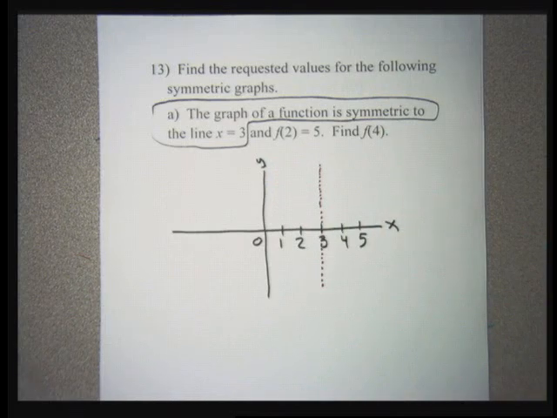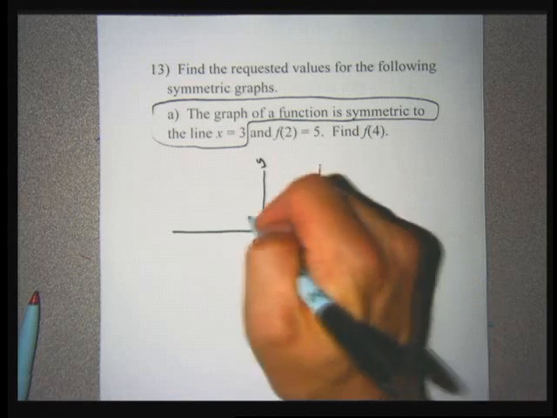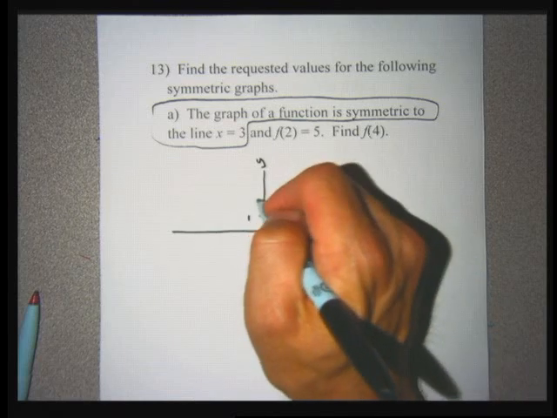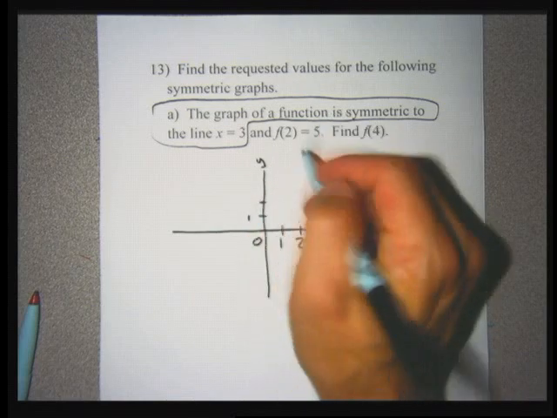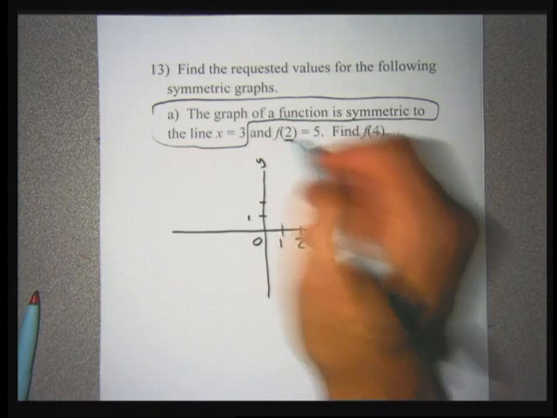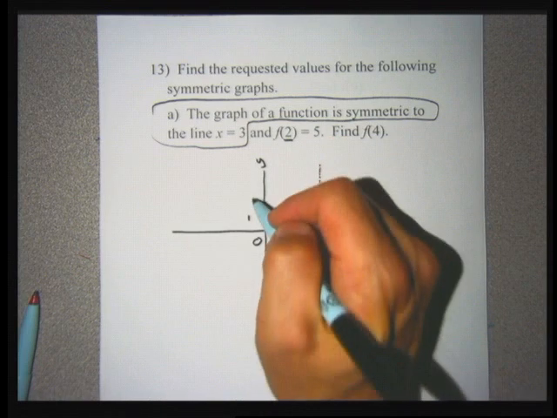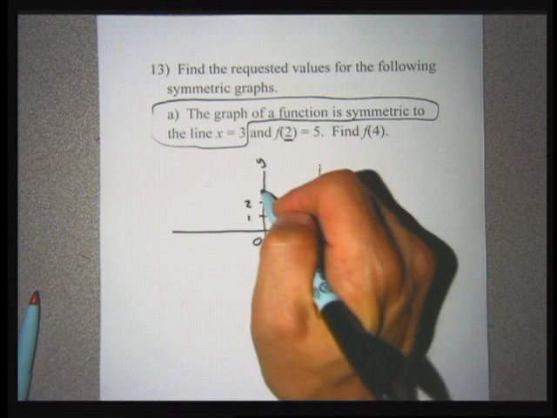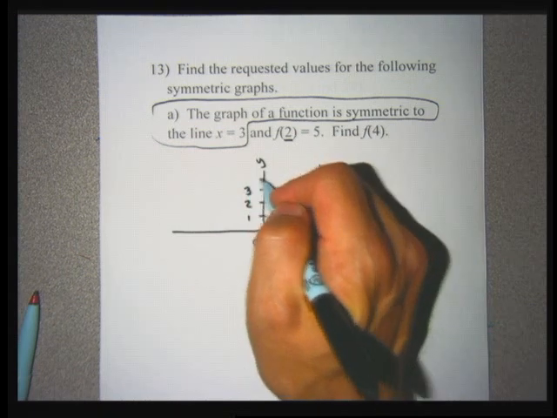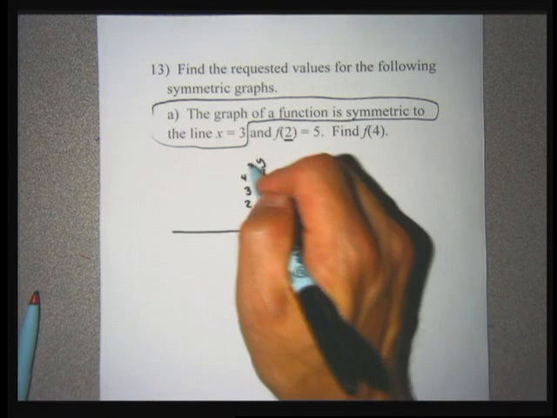So there's my line of symmetry, and I'm told that f of 2 equals 5, which means this graph passes through the point 2, 5, because in function notation, a number or letter inside parentheses refers to an x value, and a number to the right of an equal sign refers to a y value.